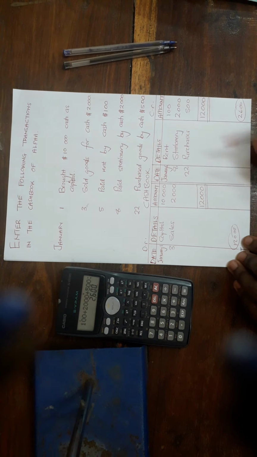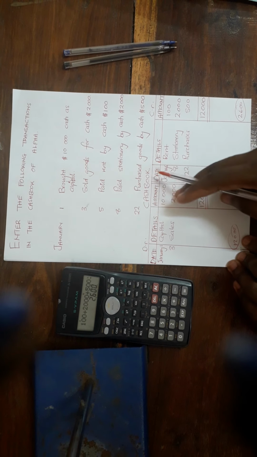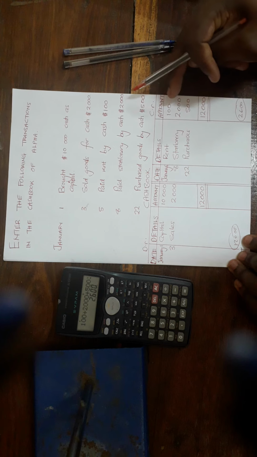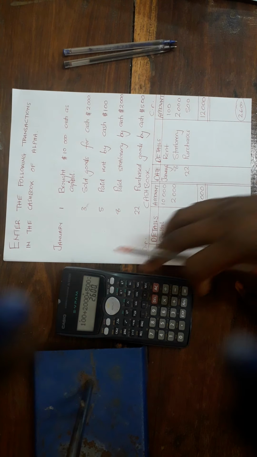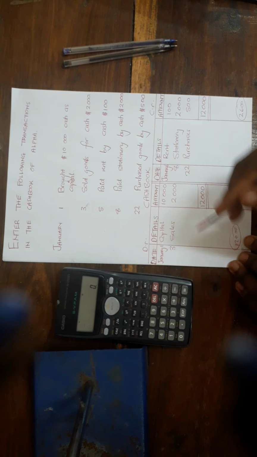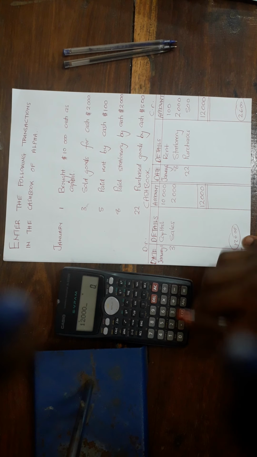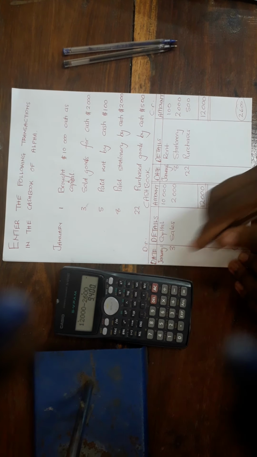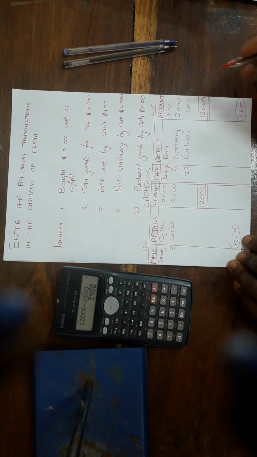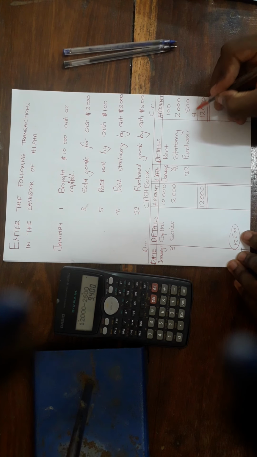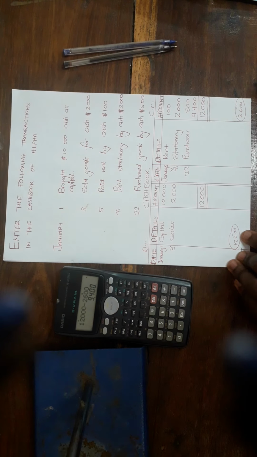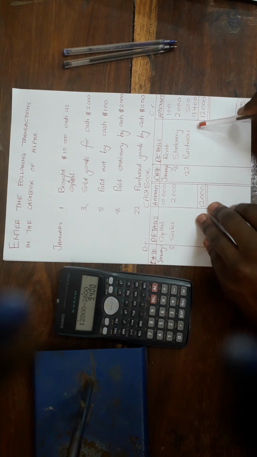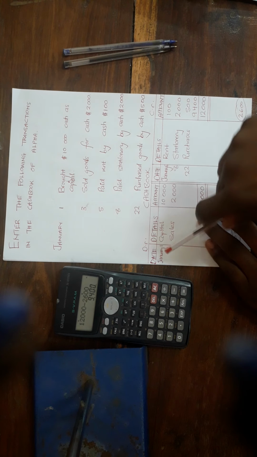For us to reach 12,000, for us to balance this account, we have to find the difference between the total of credit side against the total of debit side. So we are going to say 12,000, the total of debit, minus 2,600, the total of credit. Let me punch in the figures. 12,000 minus 2,600. The difference is 9,400. So I put 9,400. This figure will be my balance carried down for the month of January.